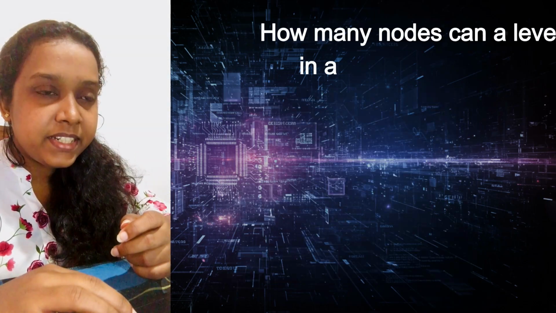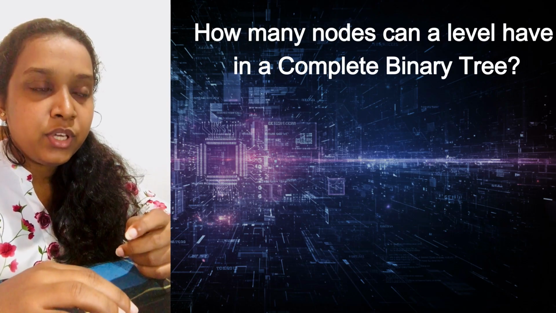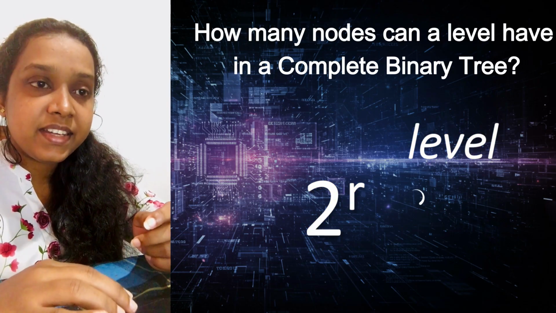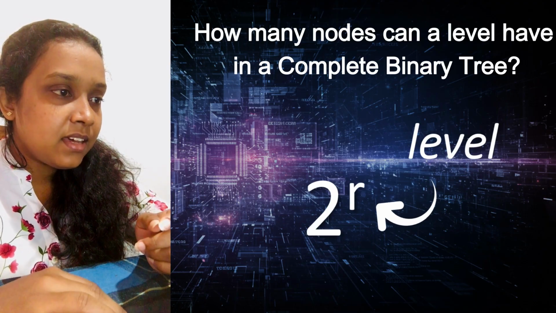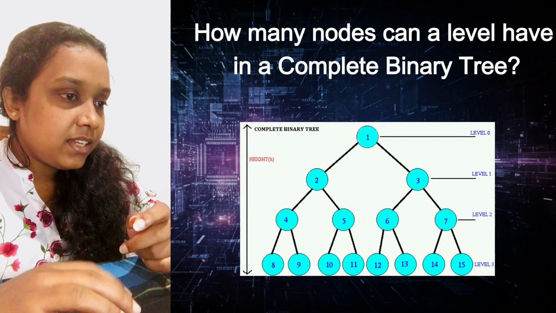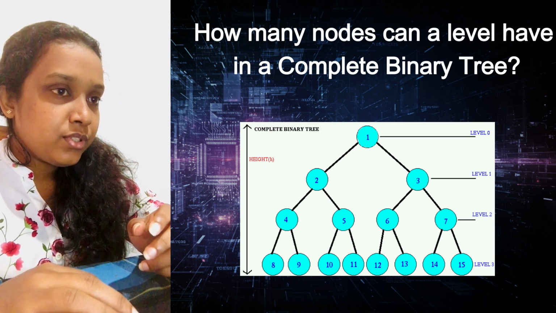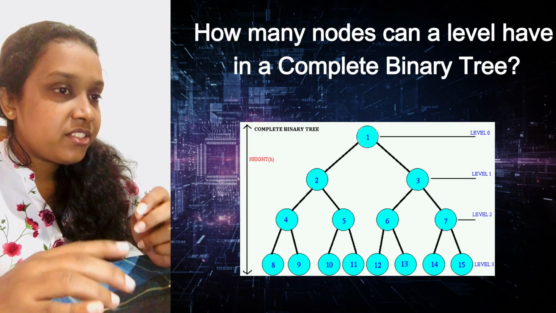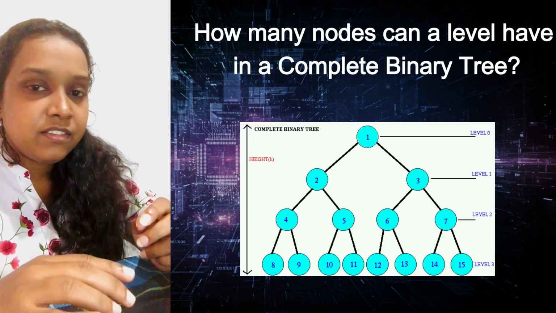In a complete binary tree, if you want to know how many nodes a level can have, you can use the 2 to the power r formula, where r is the level of the nodes. In this example picture, let's see how many nodes level 3 can have. Using the 2 to the power r formula, where r is 3 here, 2 to the power 3 equals 8.